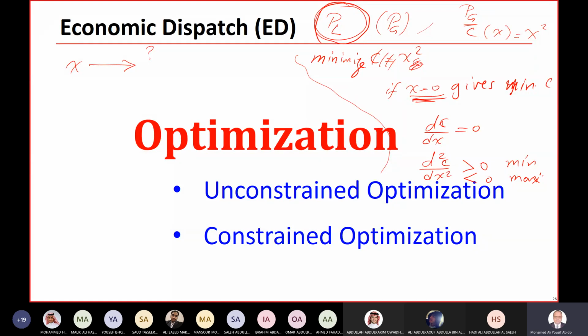Imagine that you are the power system operator. Can you control the load? No, we can't control it. The load is uncontrollable, and the load depends on the consumer. I can go now and switch on the light, switch off the light. Some industrial plants switch on the factory.